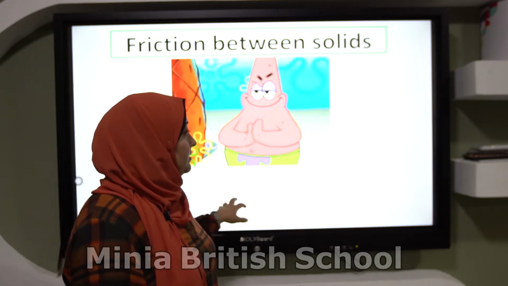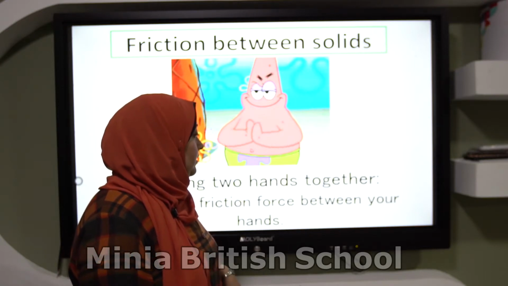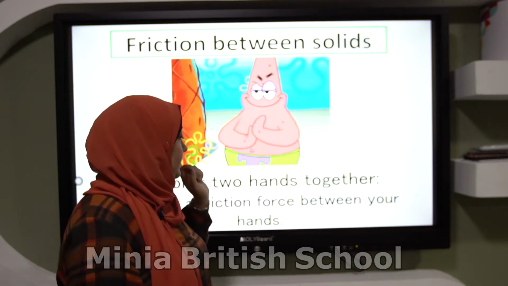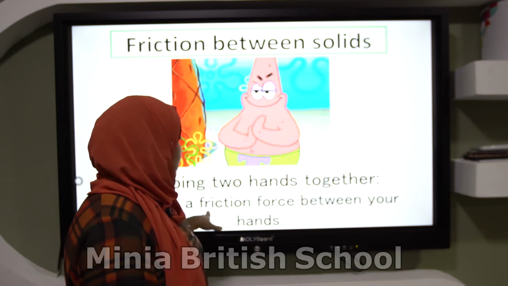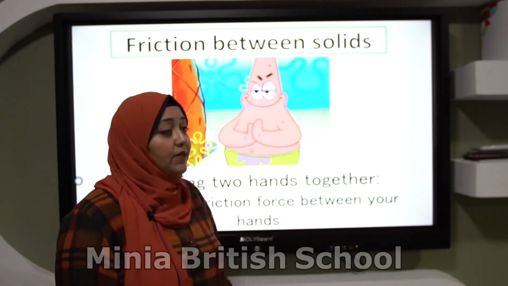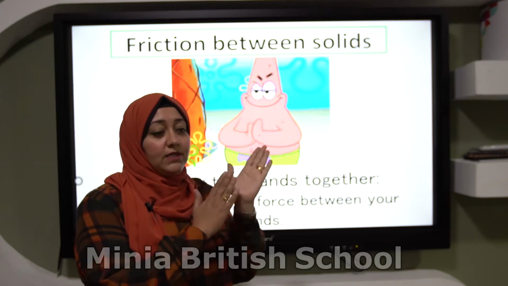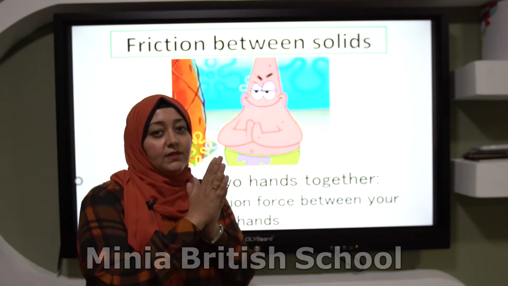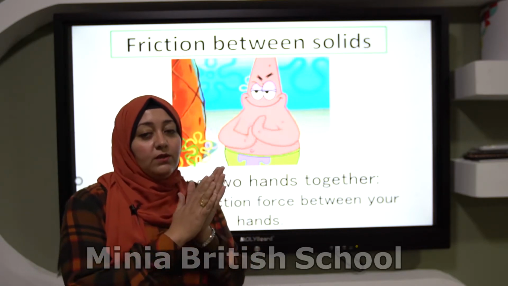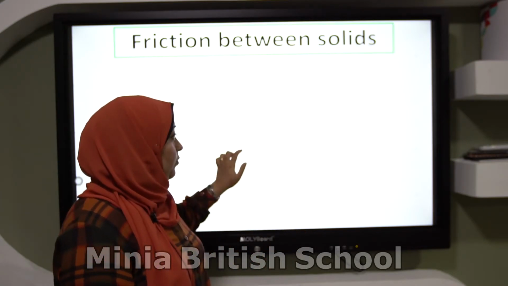Like that, as we said, it's rubbing two hands together. There is a friction force between your hands, like what we can see here. Making like that, there is a friction between your hands, and your hands are solids. So we have a friction between two solids here. What else?